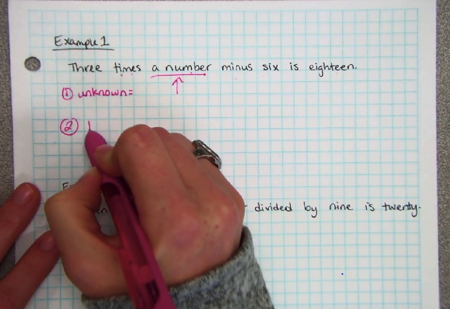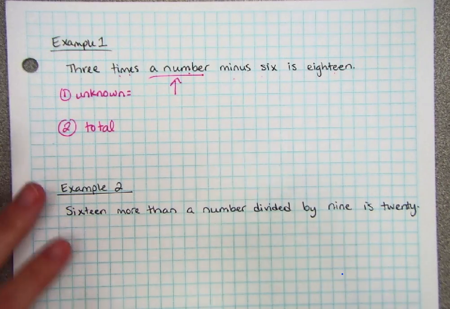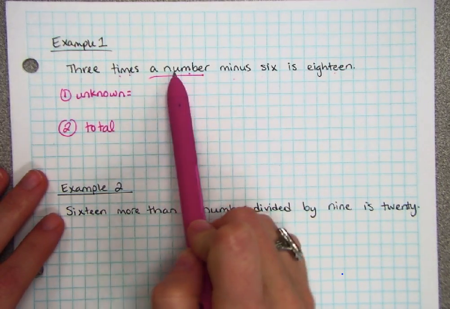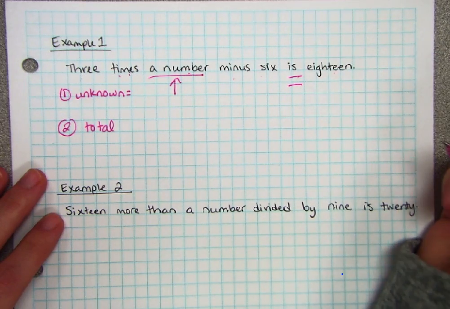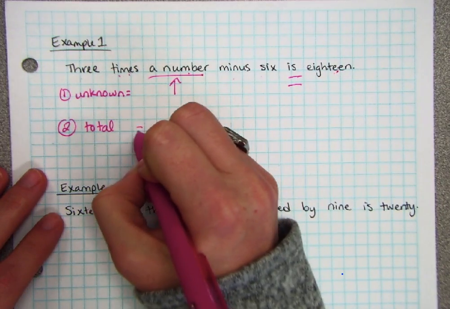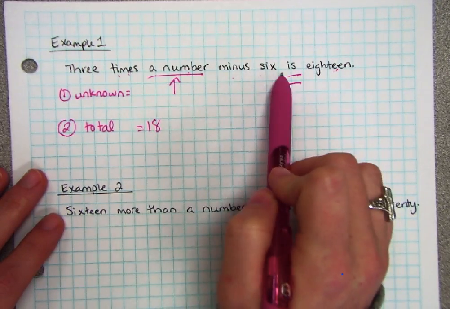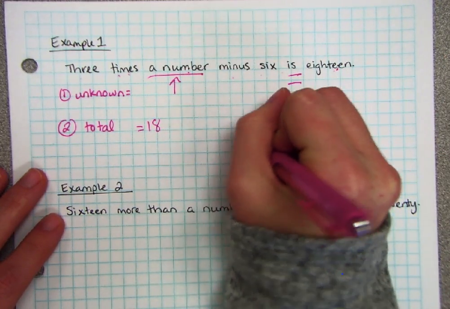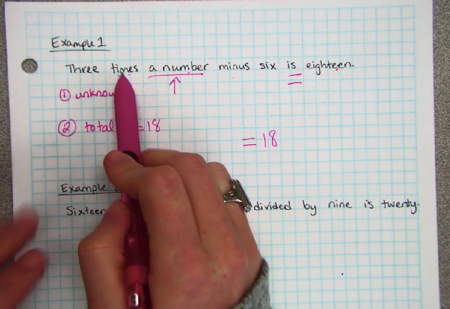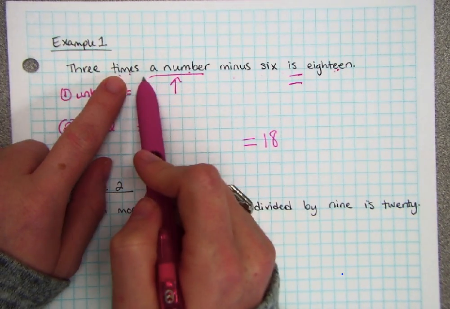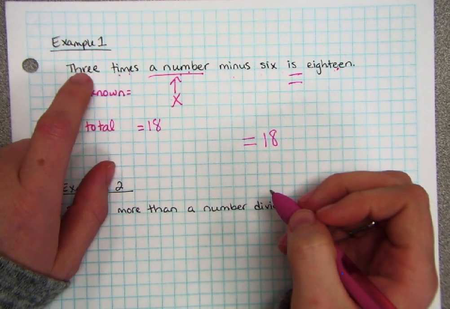Second thing is find the total. And remember, total is going to be one side of our equal sign. 3 times a number minus 6 is, remember, that is like our equal sign, 18. So the total equals 18. So now let's write the rest of it. So I know my equation is going to look like this. Something equals 18. So let's write it as we go. 3 times a number. And we know this is our x, our variable. 3 times a number.